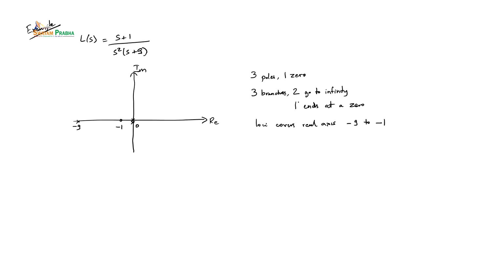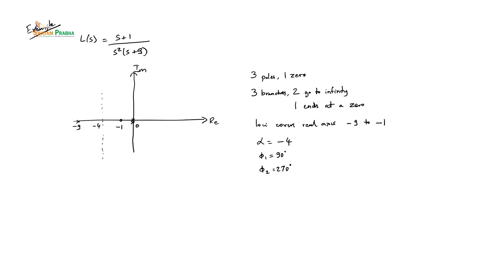Now since there are 2 branches which will go to infinity, we will have to find alpha, which will be minus 4, and the 2 asymptotes will make an angle of 90 degrees and 270 degrees. So let us draw minus 4 here. So say this is minus 4. So you have one asymptote going 90 degrees and the other 270 degrees.